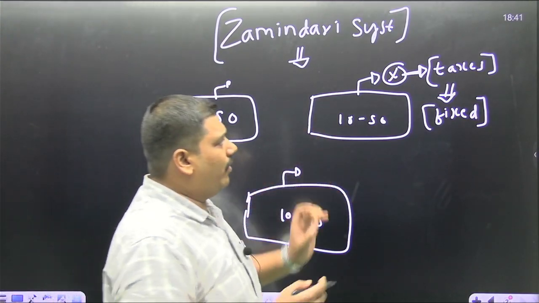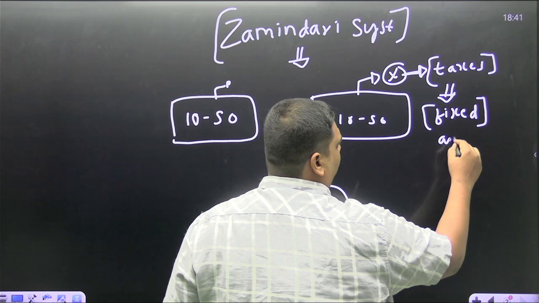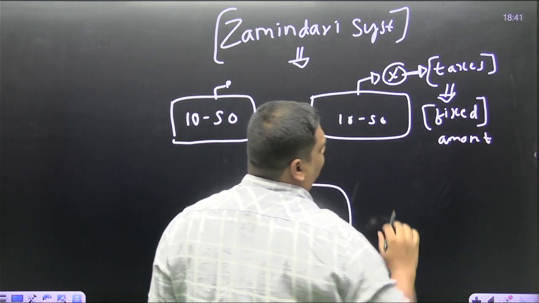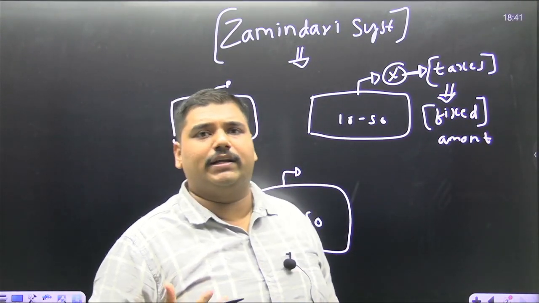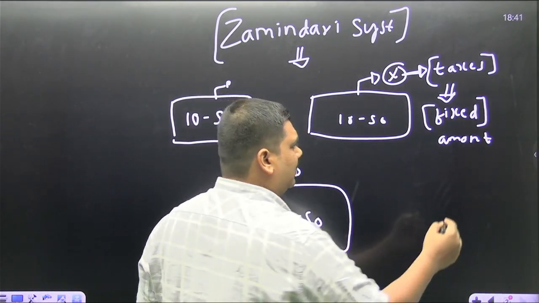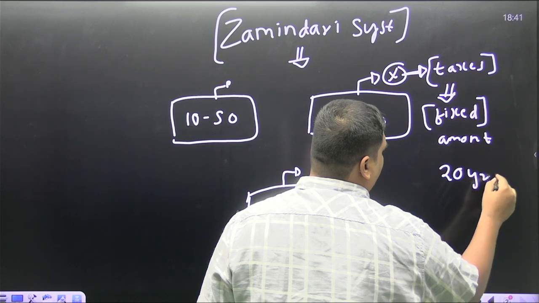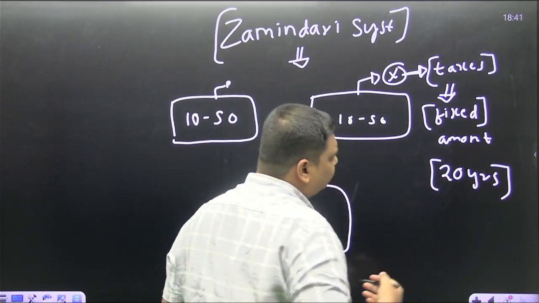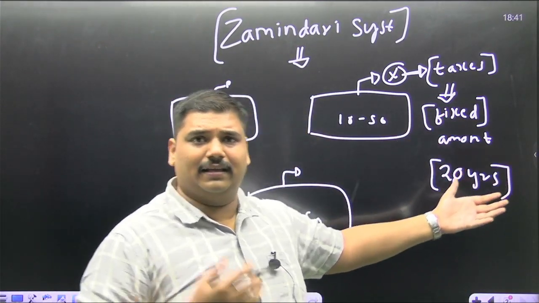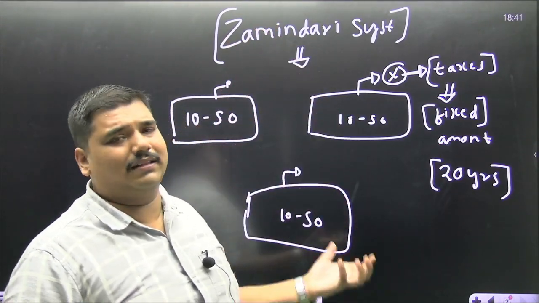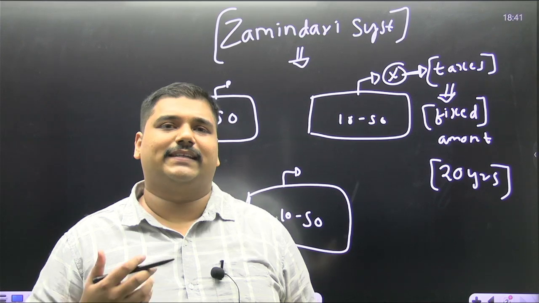All they wanted was a fixed amount as tax, and this fixed amount did not change for, let's say, 20 years or so. For 20 years or so, the tax remained same, which is why we call zamindari system a permanent settlement.